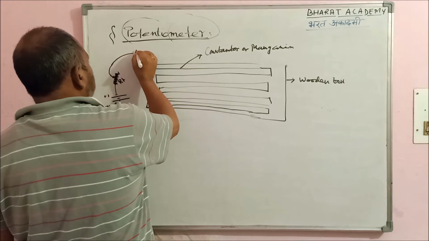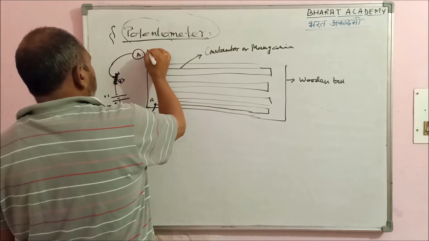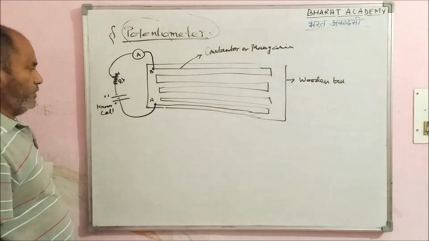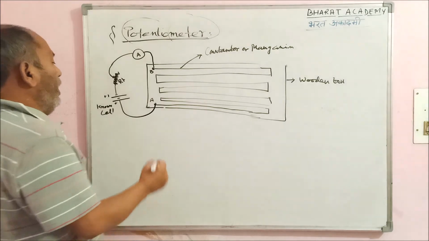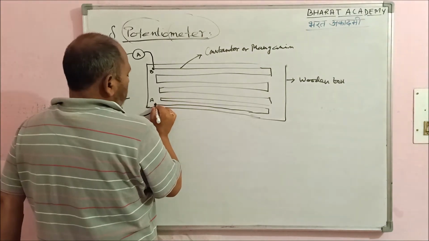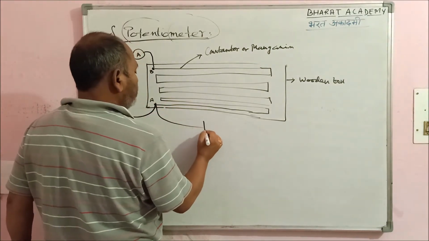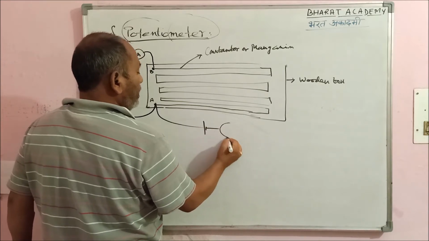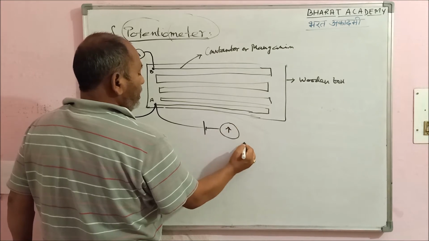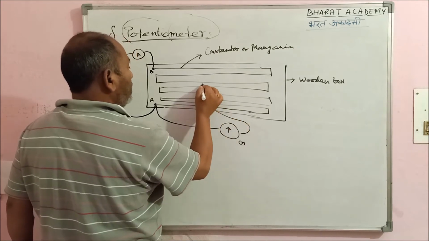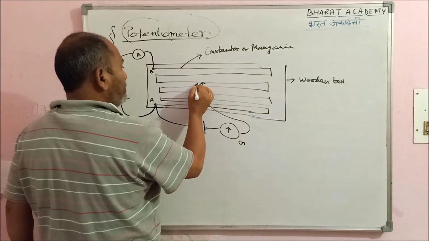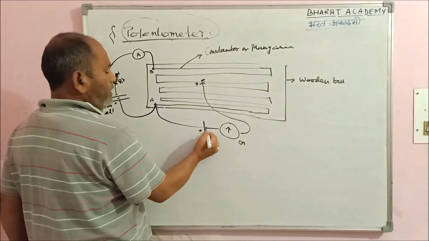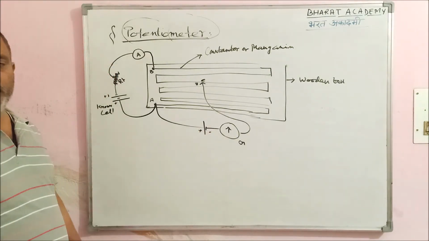And this rheostat is connected to an ammeter. And an unknown cell is applied here. This is the unknown one, which is connected to a galvanometer, and the galvanometer is connected to a jockey. This is the basic circuit diagram of potentiometer.